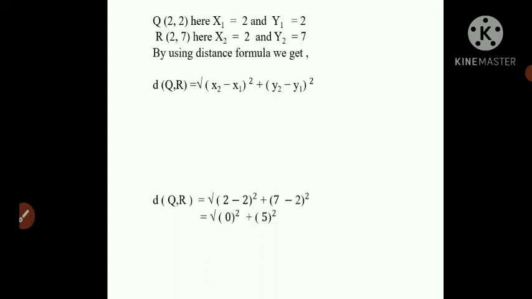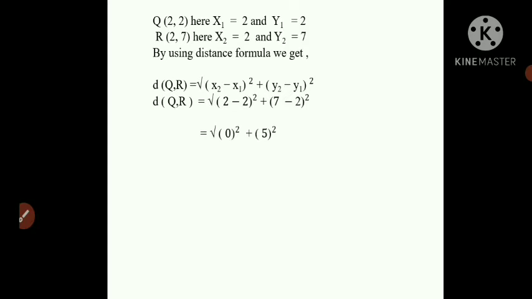So by using distance formula, I will substitute the values. X2 minus x1 means 2 minus 2 the whole square, which will be equal to 0, and 7 minus 2, which is 5 the whole square. So 0 square will be 0 and 5 square will be 25. So 0 plus 25 will be root 25, which is equal to 5 by taking square root. So distance of QR is 5 units. This is my statement number 2.